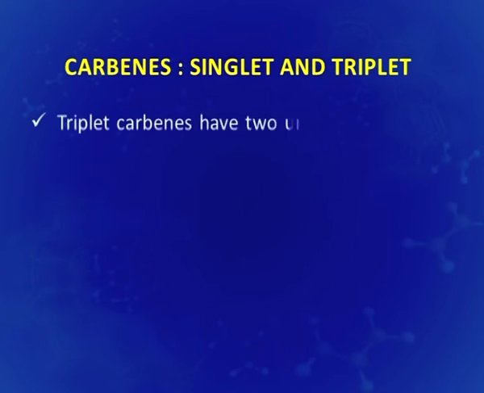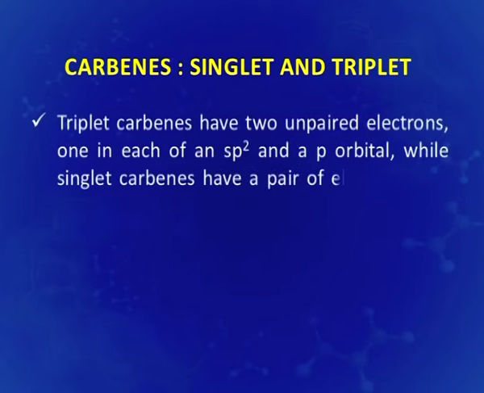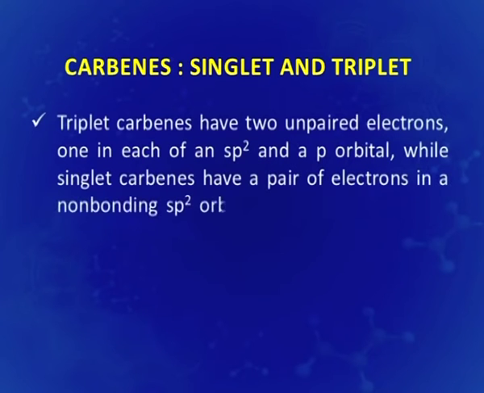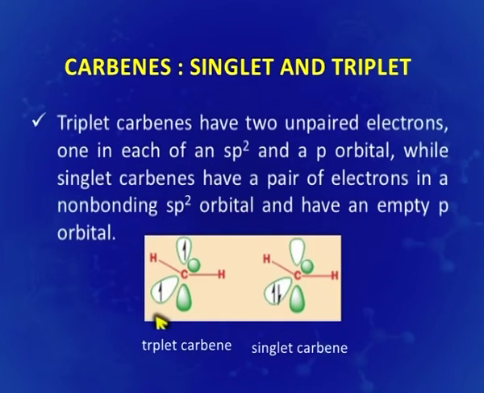Triplet carbenes have 2 unpaired electrons, one in each of the sp2 and a p orbital, while singlet carbenes have a pair of electrons in a non-bonding sp2 orbital and have an empty p orbital. As can be seen here, this is a triplet carbene and this is a singlet carbene which is paired, whereas the triplet carbene has 2 electrons which are not paired.